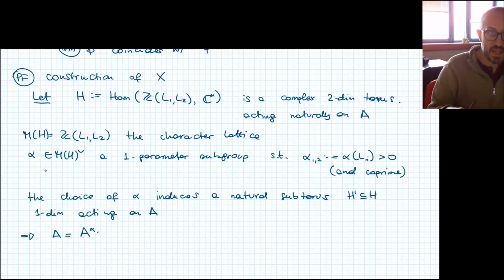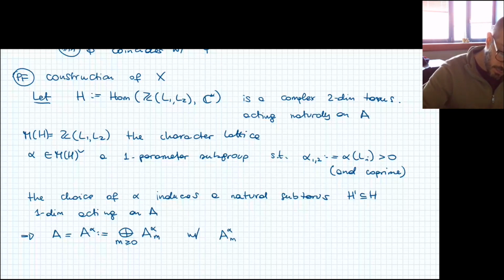And now let me make explicit what this A alpha m is.